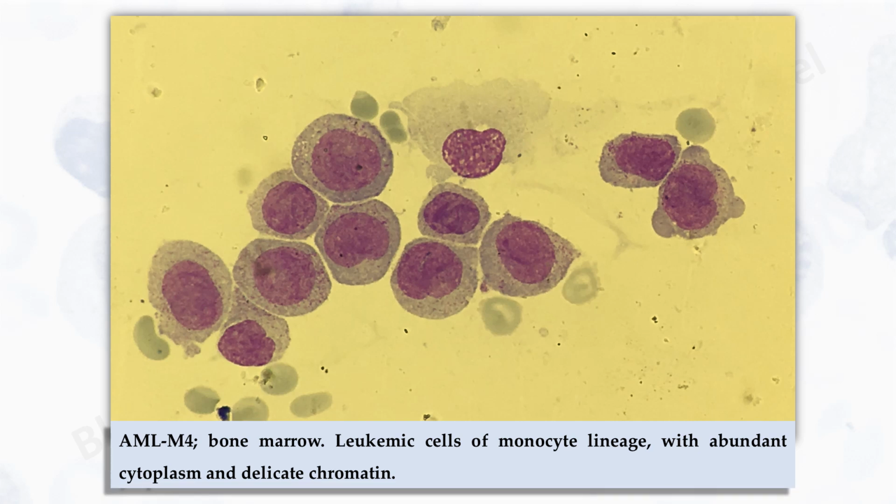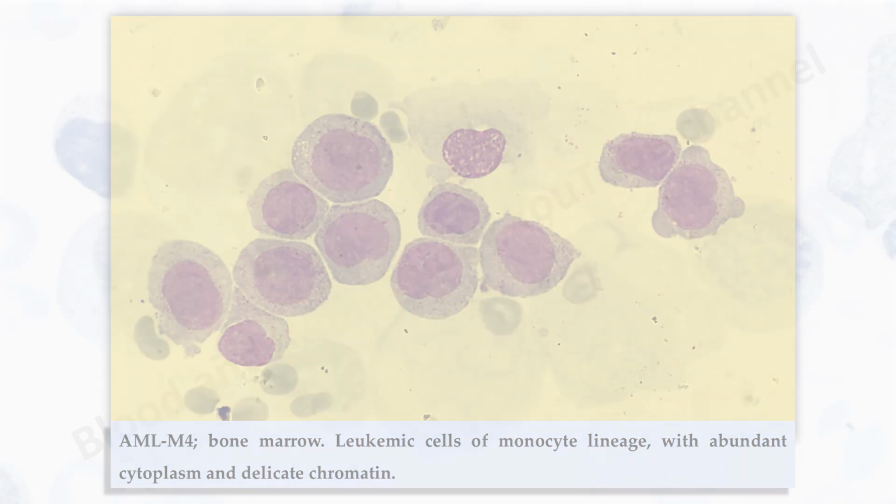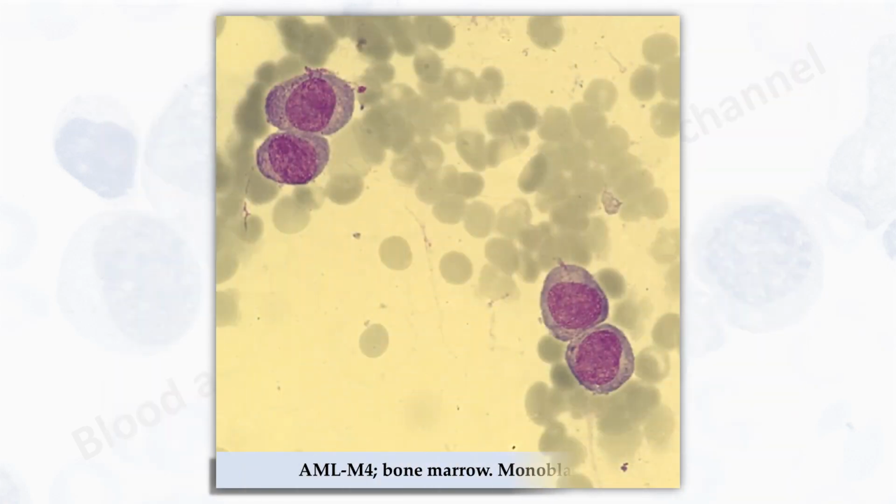Bone marrow film of a patient with AML-M4 showing leukemic cells of monocyte lineage, with abundant cytoplasm and delicate chromatin. Bone marrow film of a patient with AML-M4, showing monoblasts.